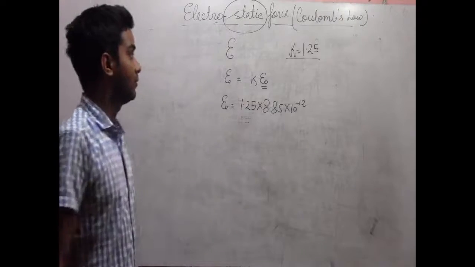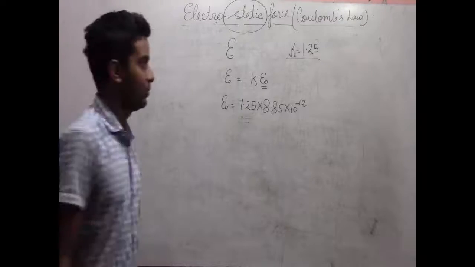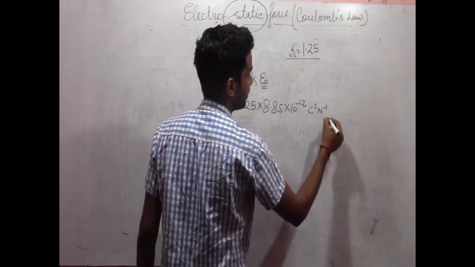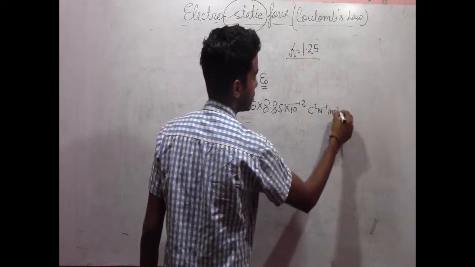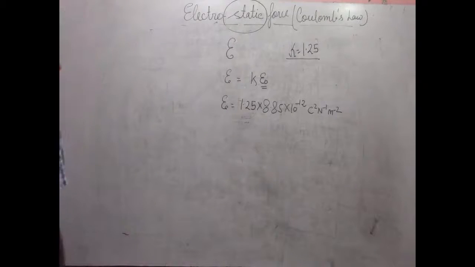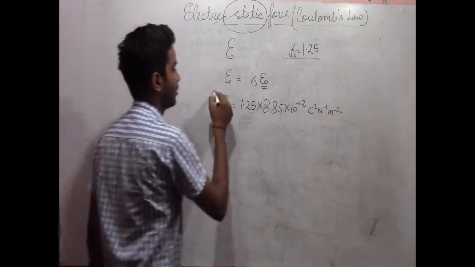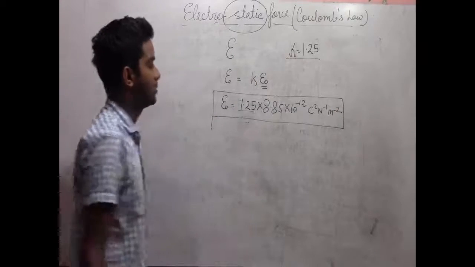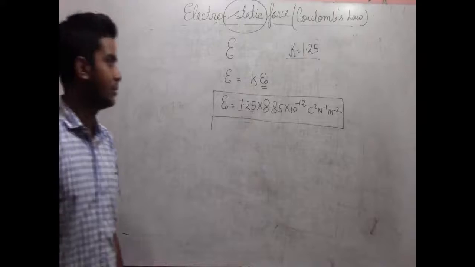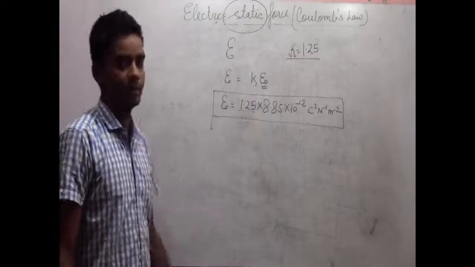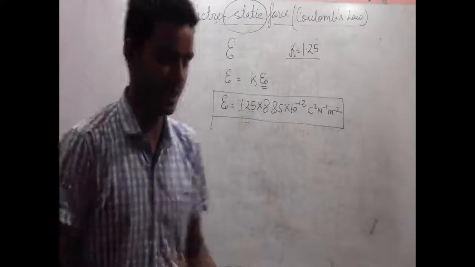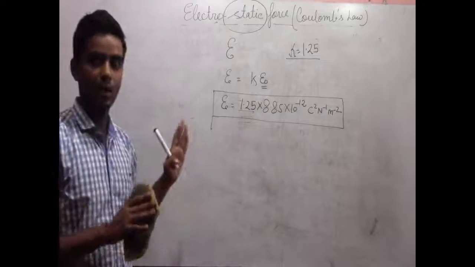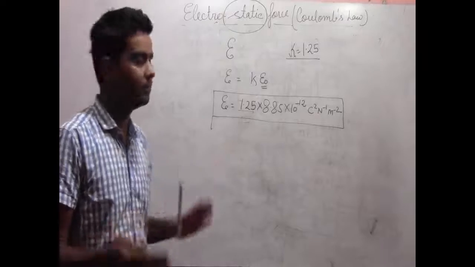The unit will be the same for both epsilon and epsilon naught: Coulomb square Newton minus 1 and meter minus 2. You may calculate it. Just multiply 1.25 into 8.85 and your answer will be epsilon. This is how you calculate the permeability of a medium.